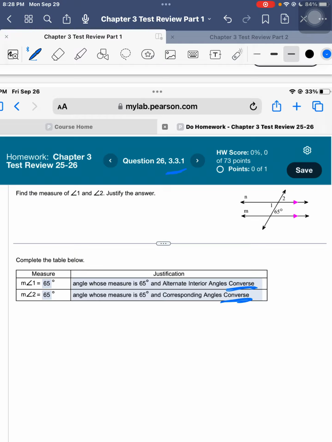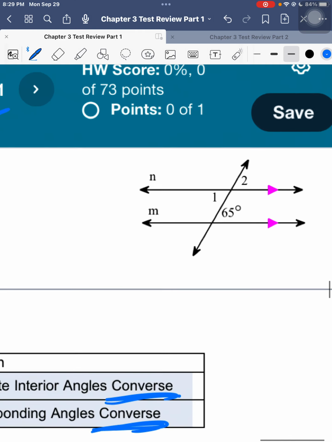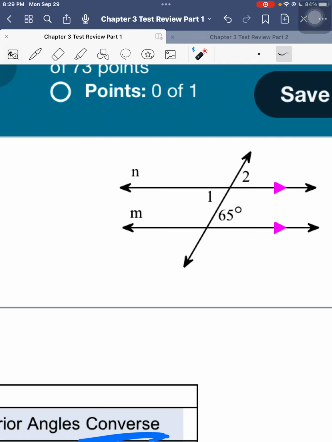The other converse is that if my lines are parallel, then my same side interior angles are supplementary. Okay, so now we are given that the lines are parallel. So now let's try to prove that the angles are congruent, or that the same side interior angles are supplementary.